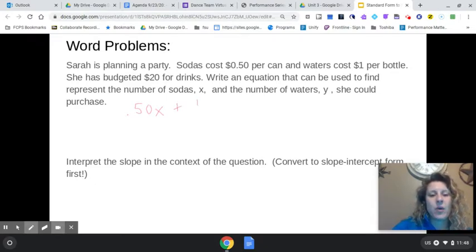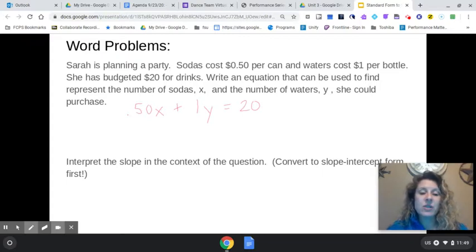So plus 1Y, the number of waters representing Y. Again, we really wouldn't need to write that 1 if we didn't want to, so we could just put 0.5x plus y. And if we spend all of the money, that would be equals 20. So that's our equation in standard form.